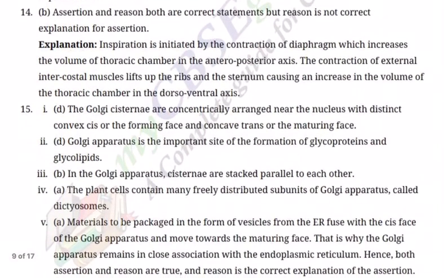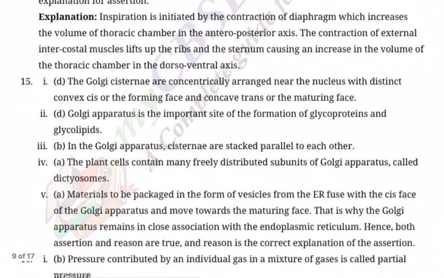Golgi apparatus is the important site of formation of glycoproteins and glycolipids. These are fill in the blanks. Question 3. In Golgi apparatus, dash are stacked parallel to each other. In Golgi apparatus, of course, all of us know, cisternae are stacked parallel to each other.